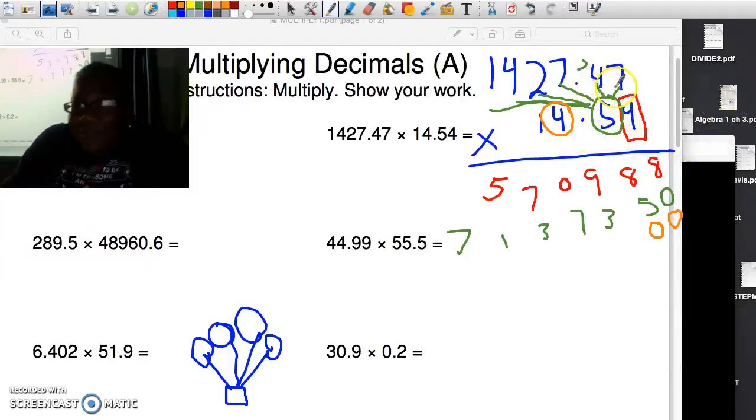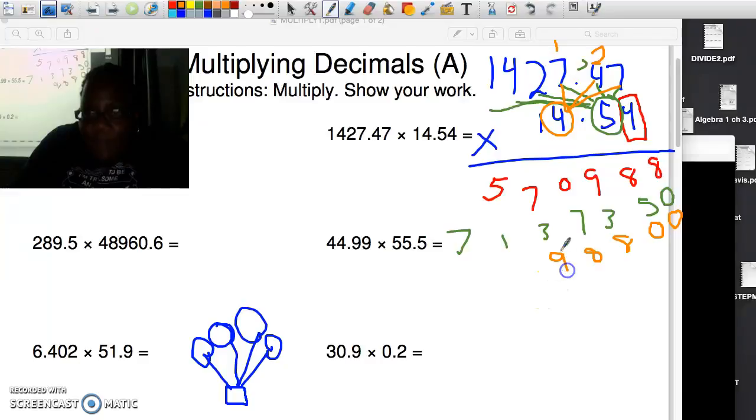So now, my first balloon, 7 times 4, 28. And then I have 4 times 4, 16, plus 2, 18. And then another 7 times 4, 28, plus 1, 29.